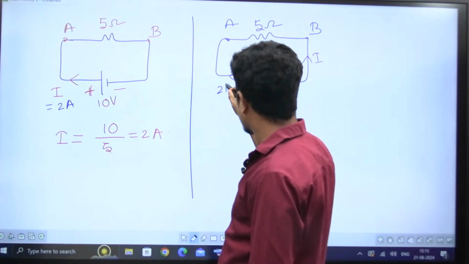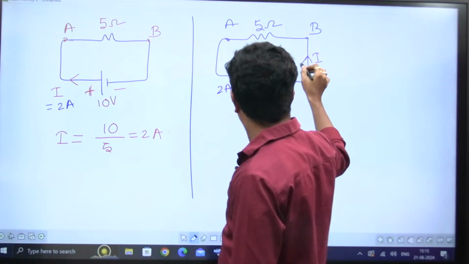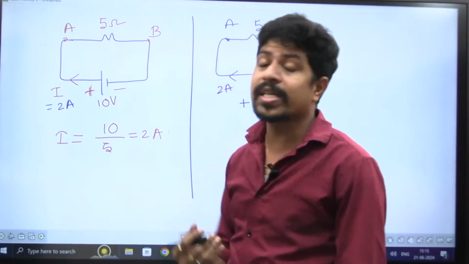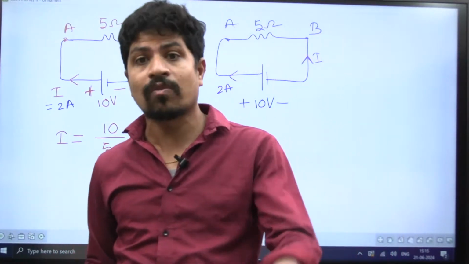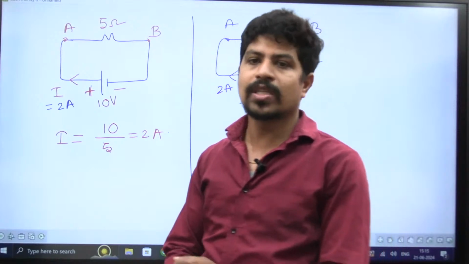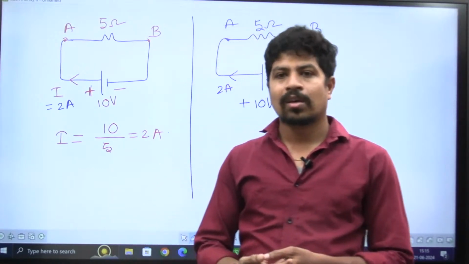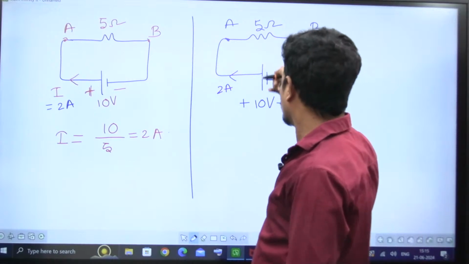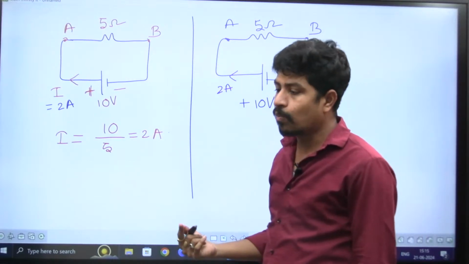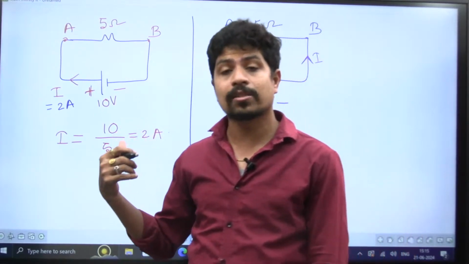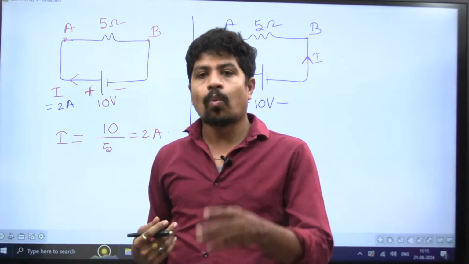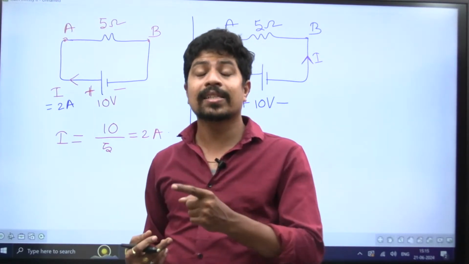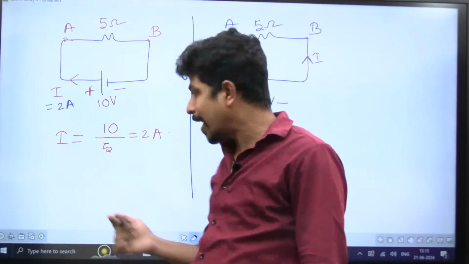This is 2 amperes. But the direction of current that the examiner wants is exactly opposite to the direction of actual current flow. The actual direction of current flow is from A to B, but the direction the examiner has taken is from B to A. What he is asking is exactly opposite to what is happening.